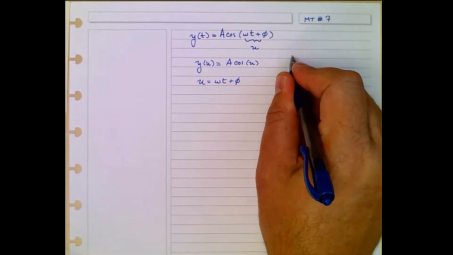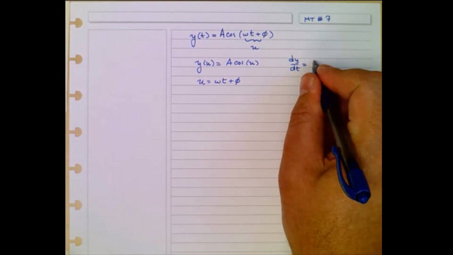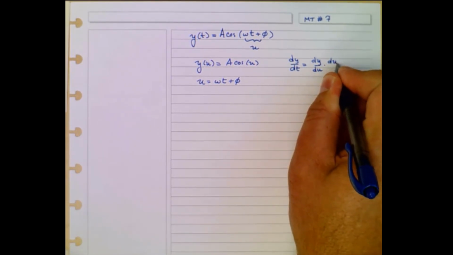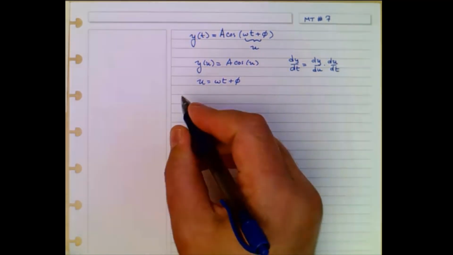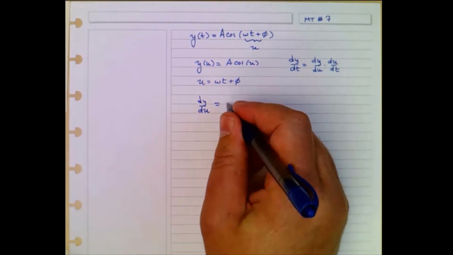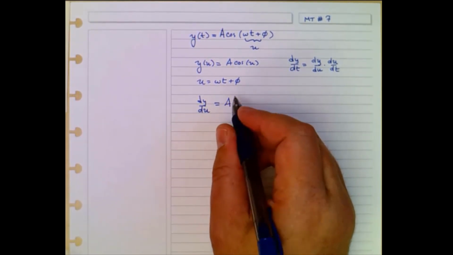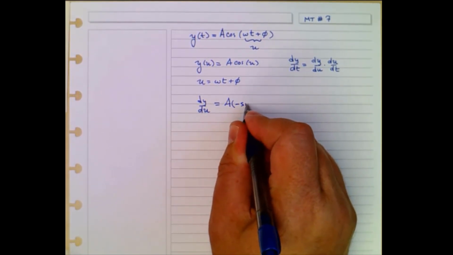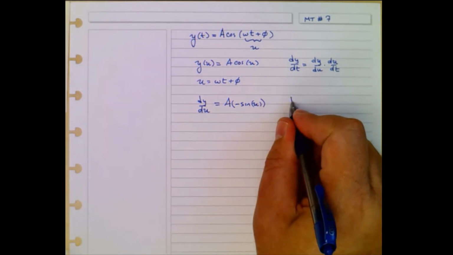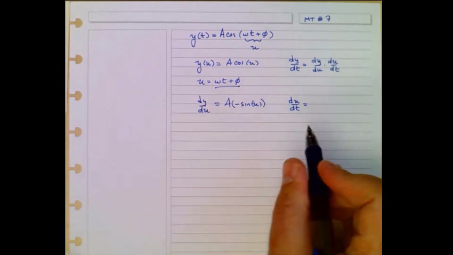So the chain rule says dy dt is equal to dy du times du dt. So dy du, I've got a constant, pull it out front. Cosine u, the derivative of cosine u is minus sine of u. And the derivative of u with respect to t, here's my u.